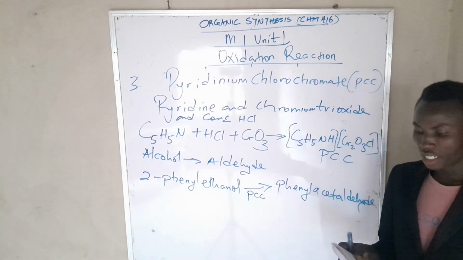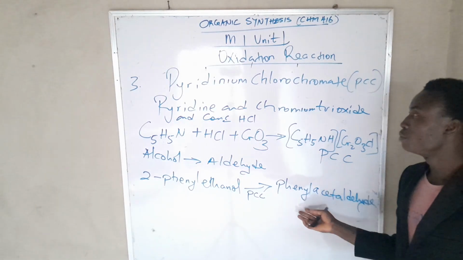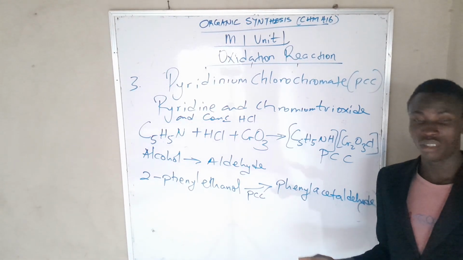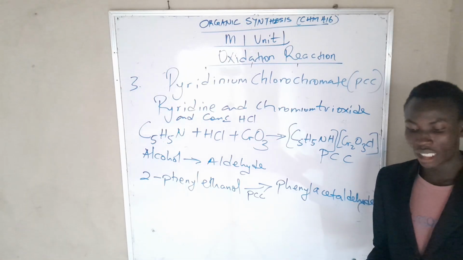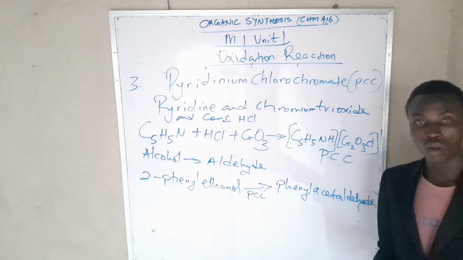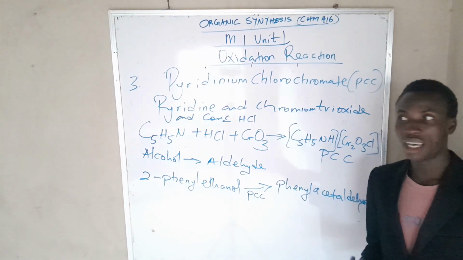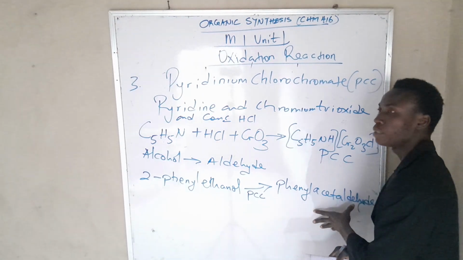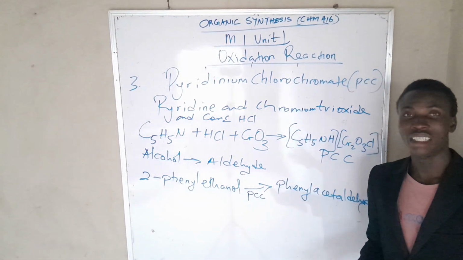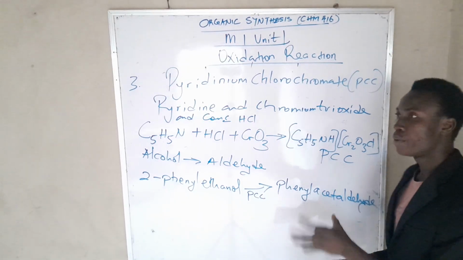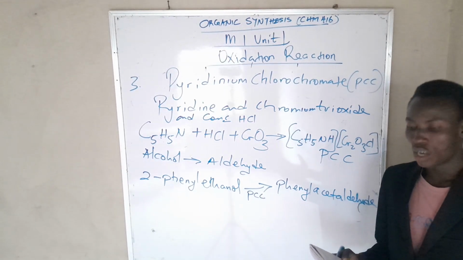Now, other oxidizing agents we can discuss right now are KMnO4 and osmium tetraoxide. There are also other typical oxidizing agents that can be used in the preparation of many organic compounds.